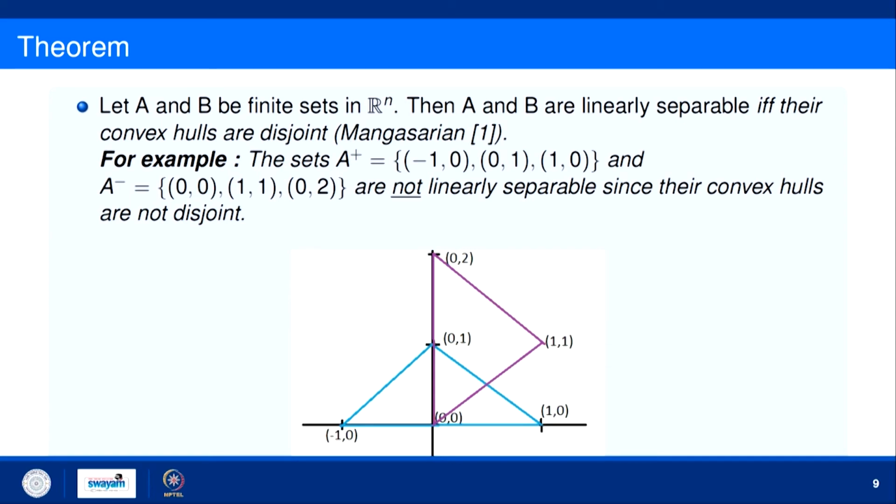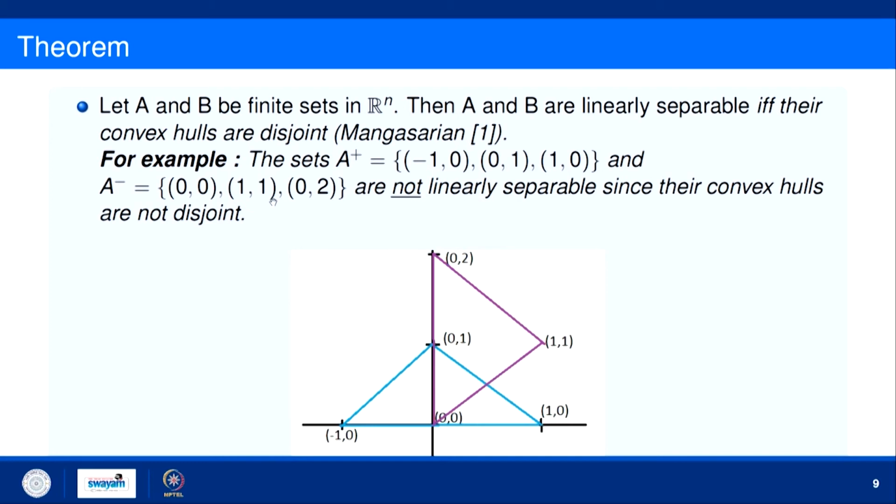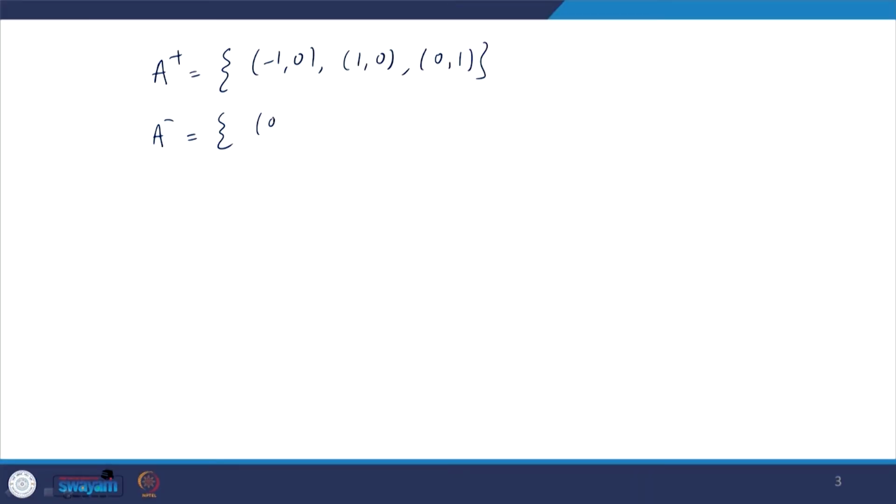Let us suppose A plus has 3 points: minus 1 0, 1 0 and 0 1. And the points of A minus are 0 0, 1 1 and 0 2.